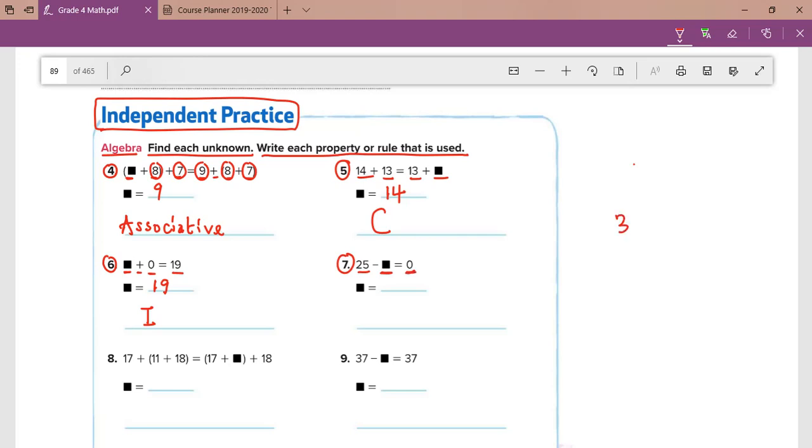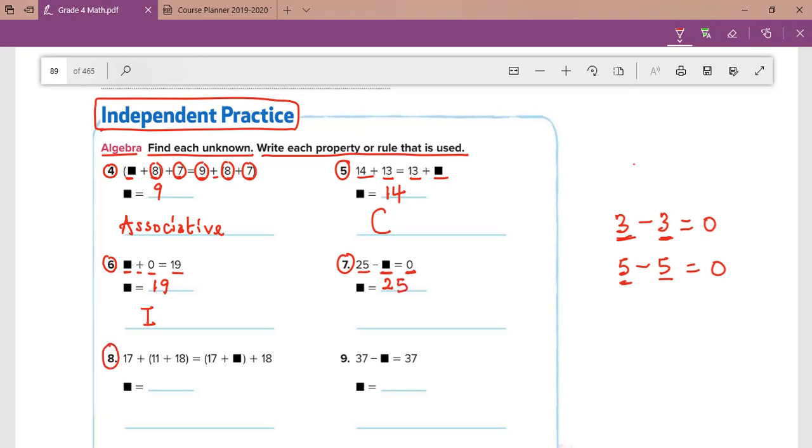Remember, 3 minus 3 is going to give you 0. Subtracting the same number gives you 0. 5 minus 5, because they are the same number, you're going to get 0. So 25 minus 25 will give you 0.